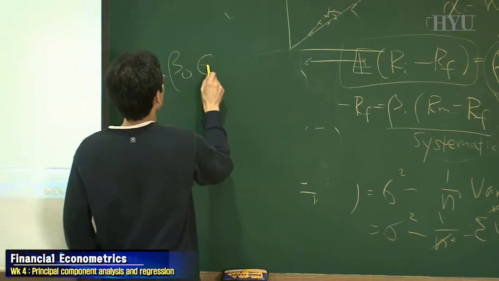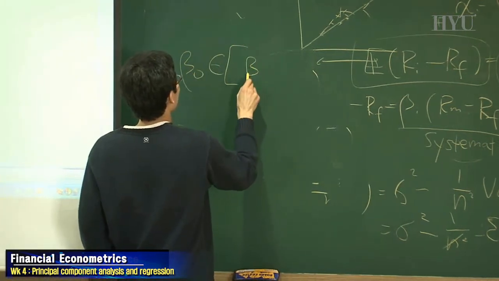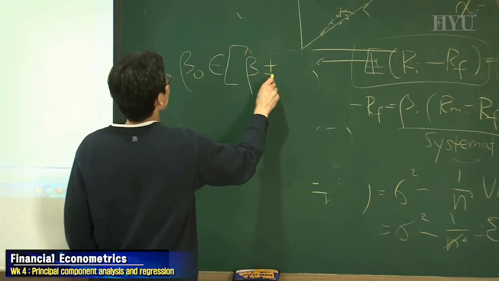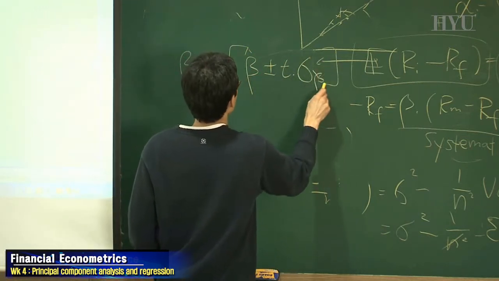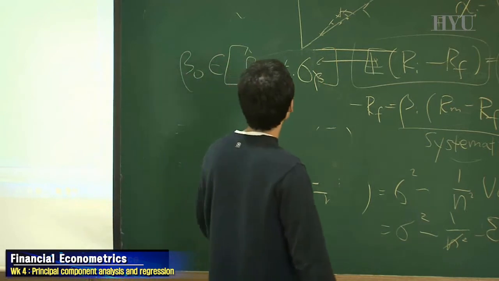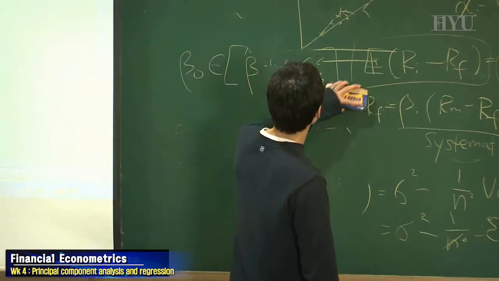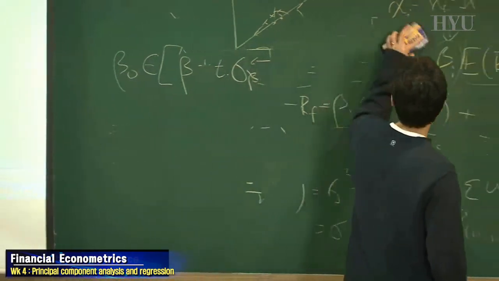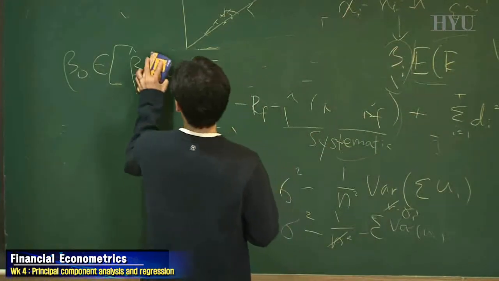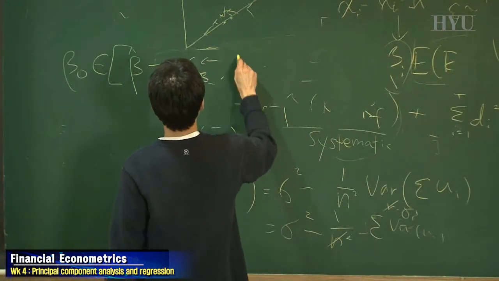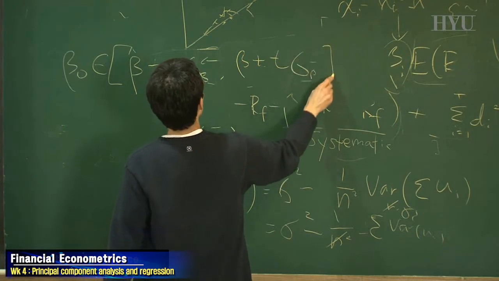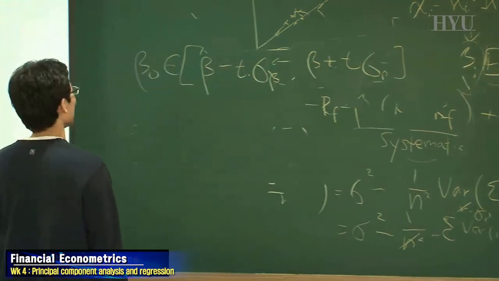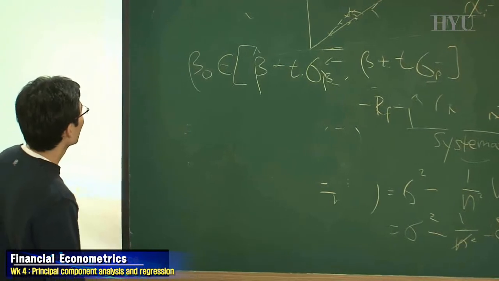So if beta naught is outside the interval beta hat minus and plus t times the standard deviation, it is rejected.